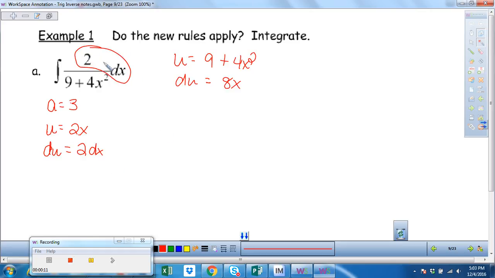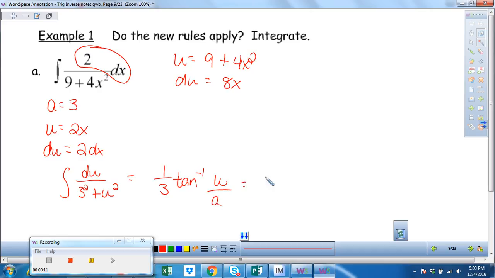So I can replace 2 dx with du, and this becomes 3 squared, which is my a squared, plus u squared. And we know from the formula that this is simply 1 over a times the arctan of u over a.